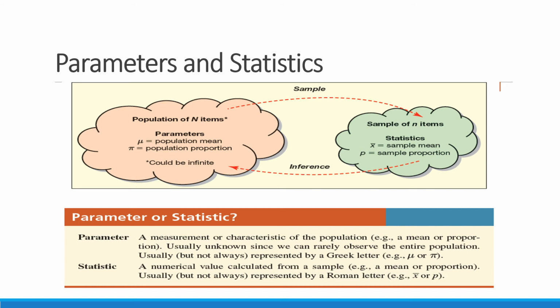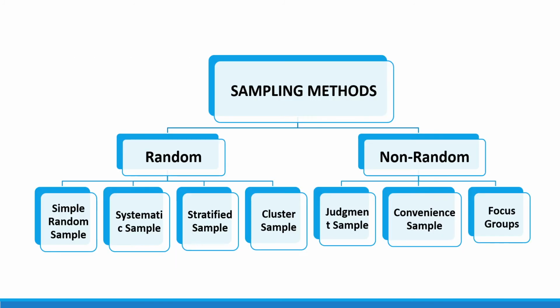So a statistic is a numerical value calculated from a sample. Of course, the main purpose of calculating the statistic is to have some inference, to have some idea about or to estimate the unknown parameter of the population.